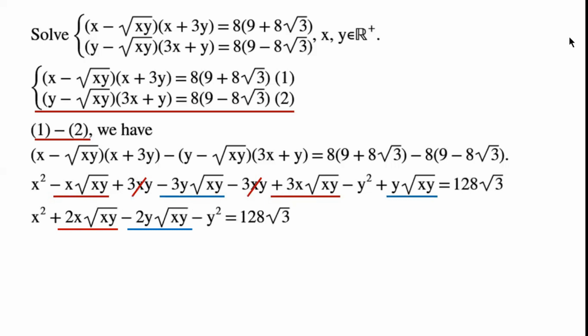By collecting like terms, we can combine -x√(xy) and 3x√(xy). So we can now write 2x√(xy). 3xy and -3xy cancel.